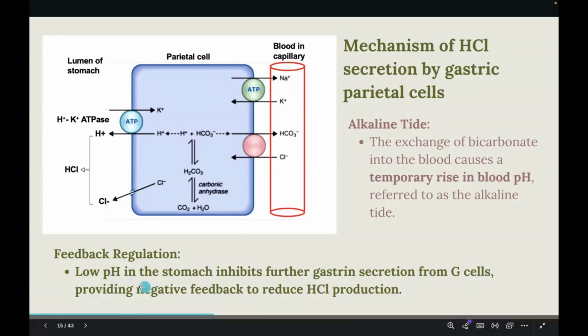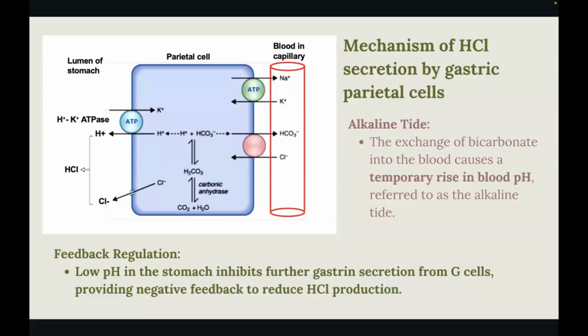And the feedback basically is, whenever the pH in the stomach reaches that low, as in 0.8, which is the targeted value, this is going to inhibit gastrin secretion from the G cells, okay? It doesn't inhibit the parietal cells. I told you there's no direct communication with the parietal cell. It's always via something. And that something is gastrin.